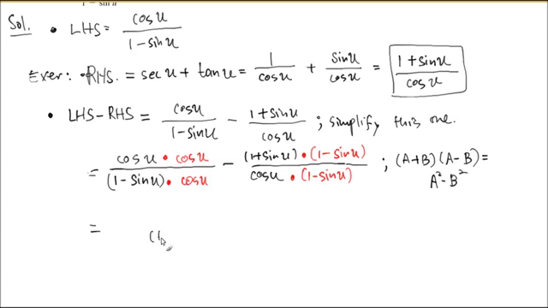The denominator is going to be 1 minus sine u times cosine u. That's the common denominator. First term is now cosine squared u, right? Minus this thing, a plus b, a minus b is a squared minus b squared. So it's 1 minus sine squared u. Is that right? I didn't use Pythagorean identity. This is just algebra, right? A plus b, a minus b.